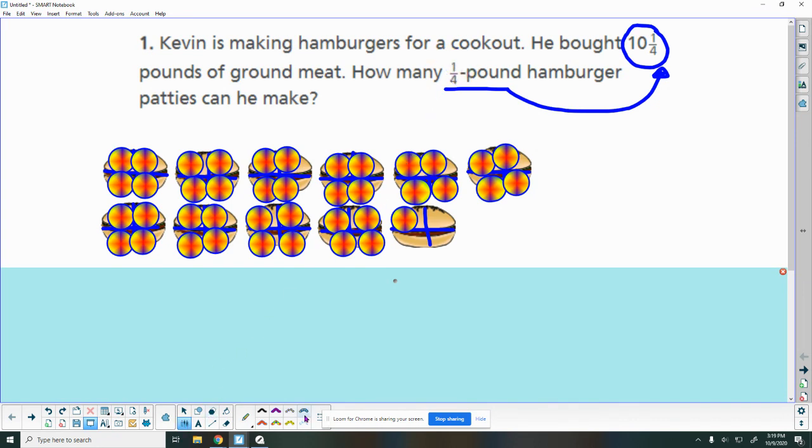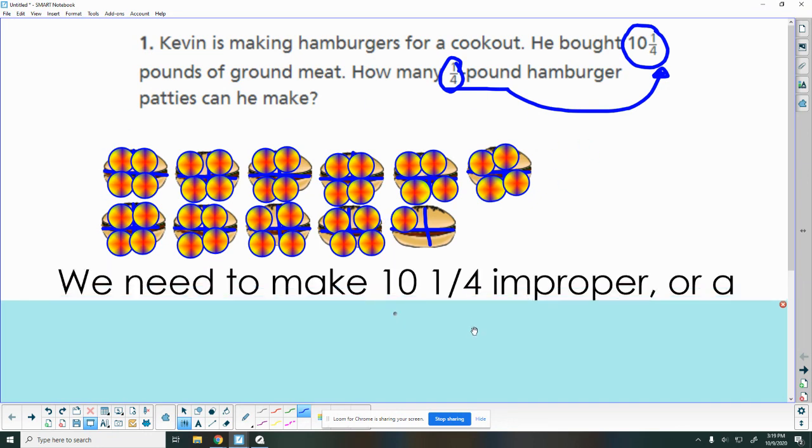And fourths is what I need. So each dot or shaded in part represents 1/4. That will tell me how many hamburgers they can make from the meat that they bought.